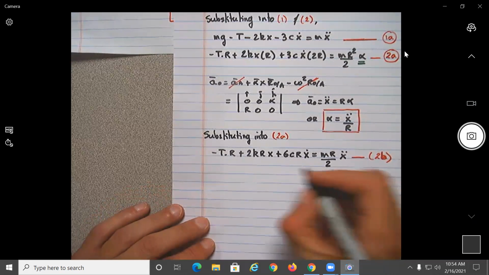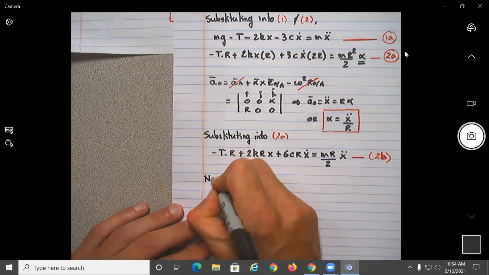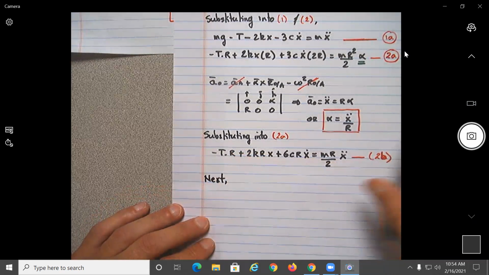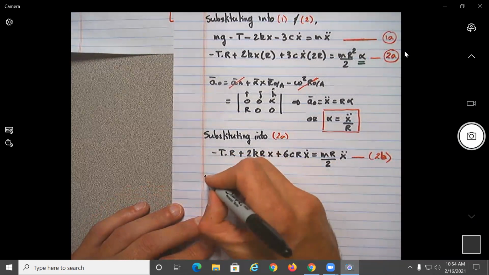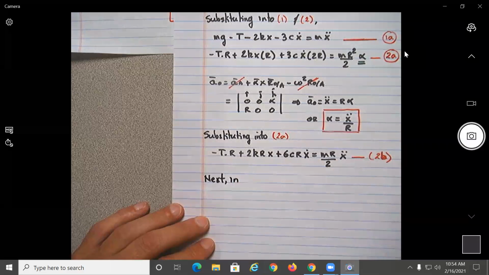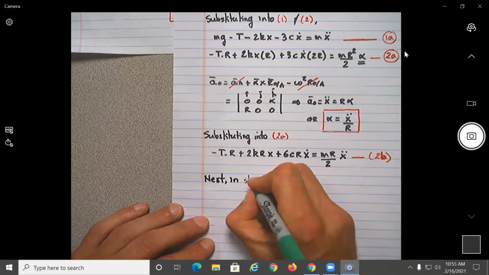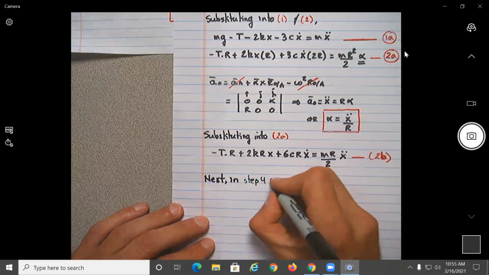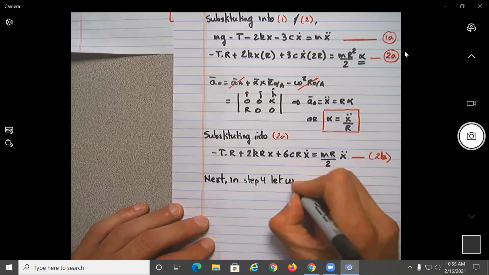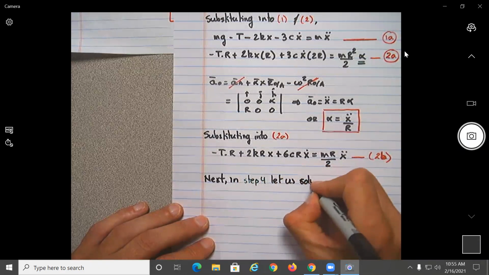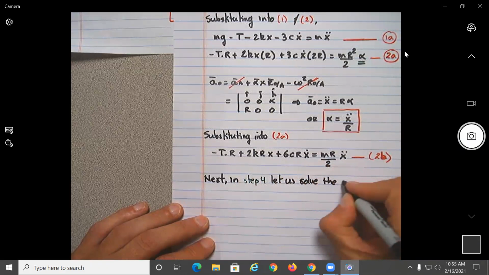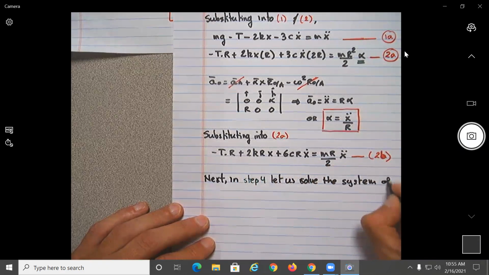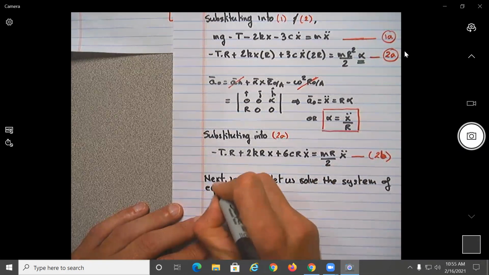So next, in step 4, let us solve the system of equations, which I'm just going to write down.